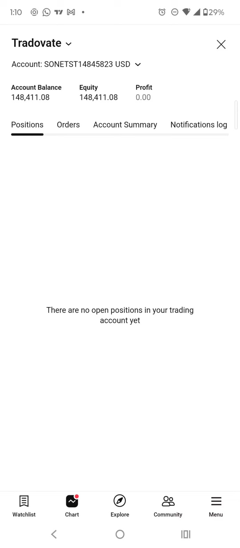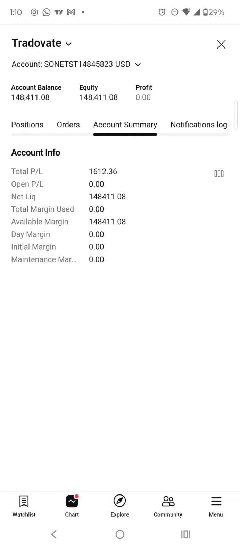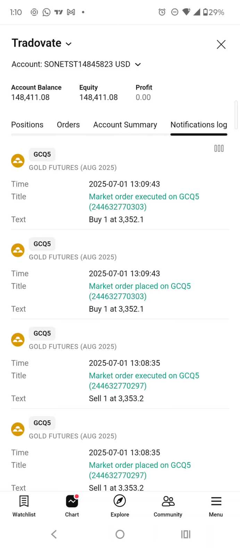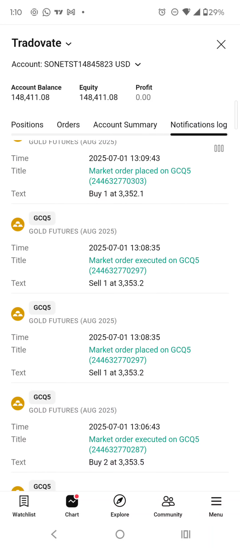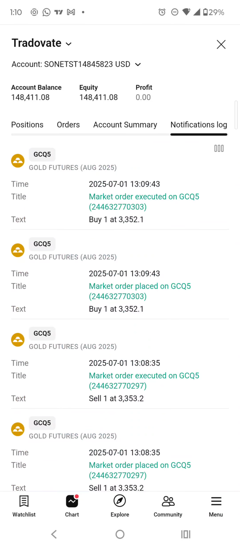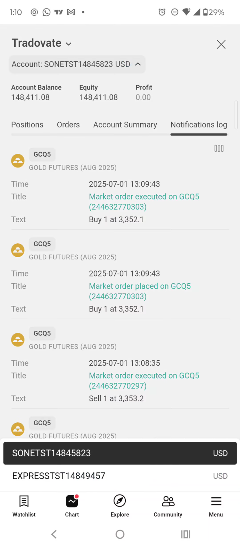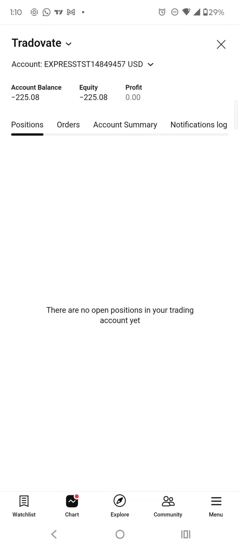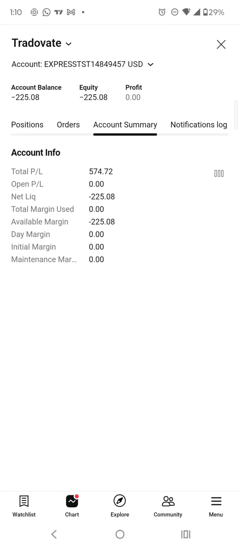So highly unnecessary to do that, but this ended up being about 2,000 for the day. I did the same thing over here with a higher lot. So today's P&L was 574. It's down to 799.